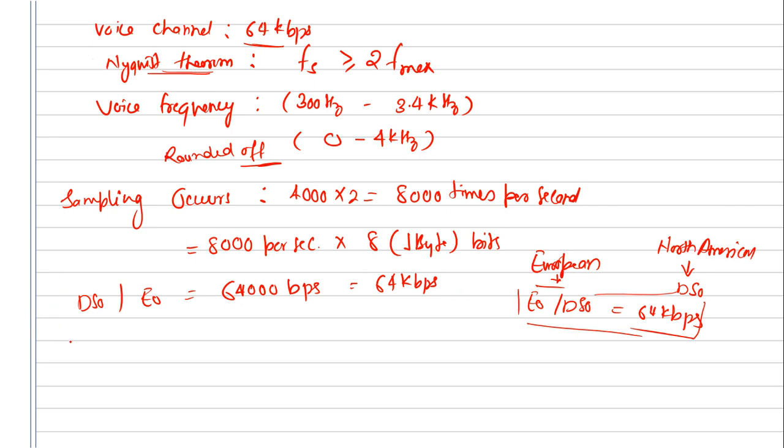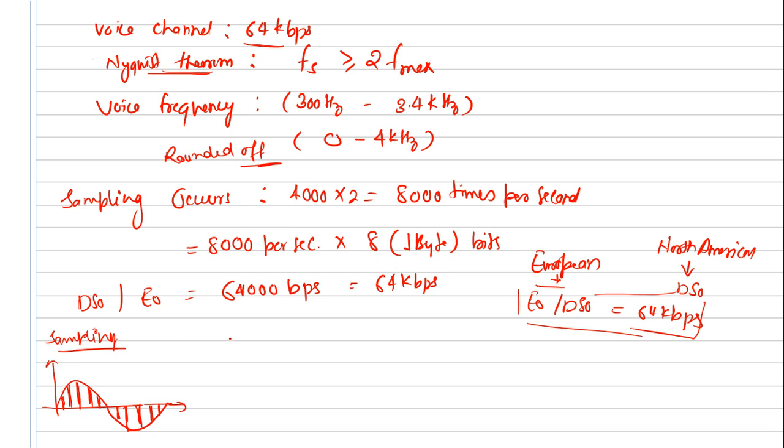Now we'll just represent whatever we have learned exactly in that format, which is sampling, quantization, and digitization. So in case of sampling, how our data was, it is something like this. Once they are sampled, you will have these discrete values. The minimum criterion that we have to follow for the sampling is the Nyquist theorem.